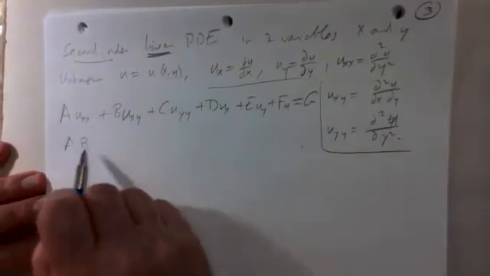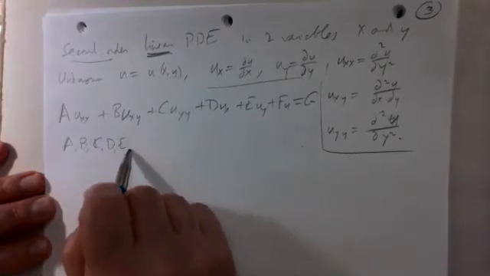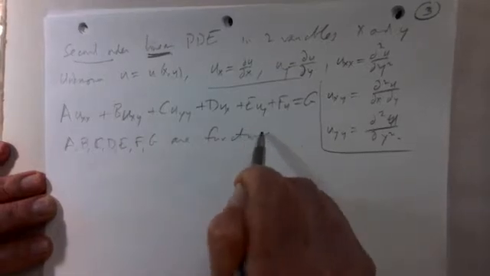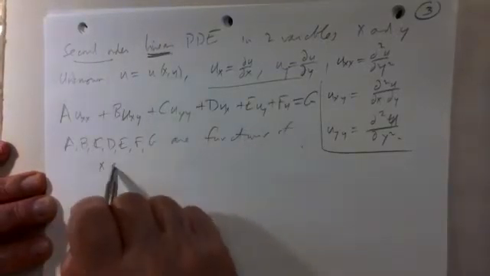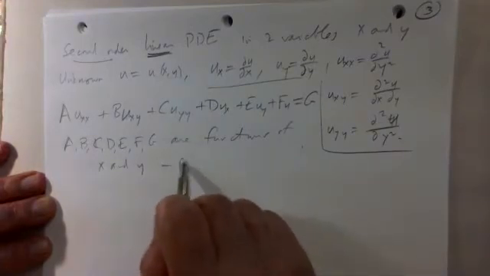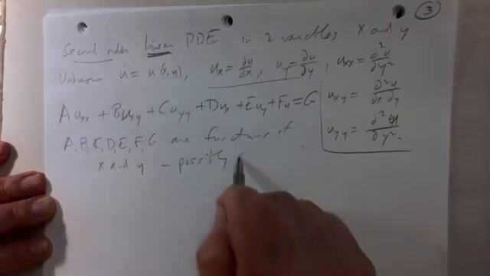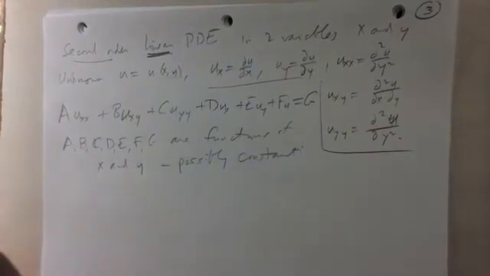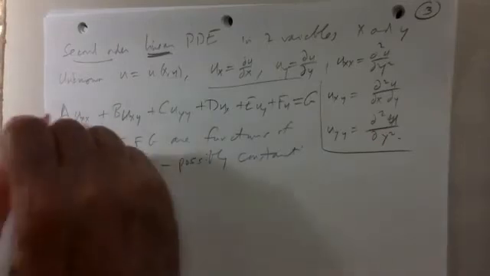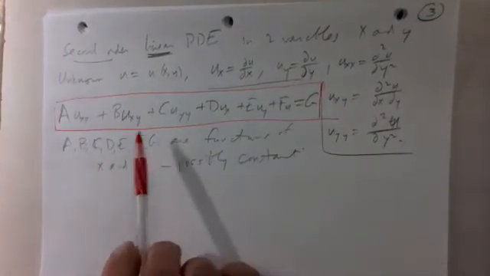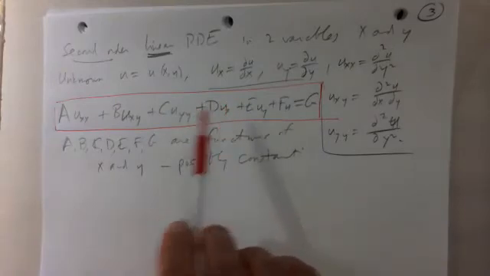So a, b, c, d, e, f, and g are functions of x and y. Possibly, but not necessarily constants. Constant function is a very good function. So the general form of a second order linear partial differential equation in two variables looks like this.